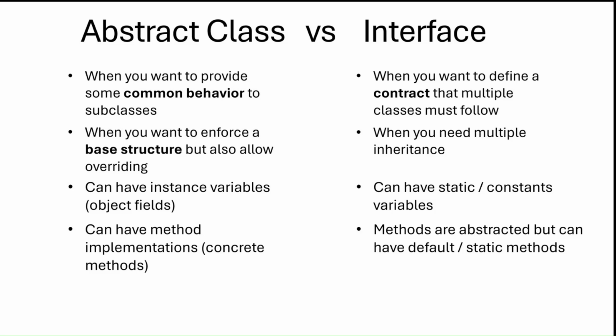So we understood what abstraction is, the concept of object-oriented programming. What is the difference between abstraction and encapsulation? Different ways to achieve abstraction in Java using abstract class and interface, and the difference between them. In different languages, abstraction can be achieved in different ways, but mostly it can be achieved using an abstract class or an interface in most languages.